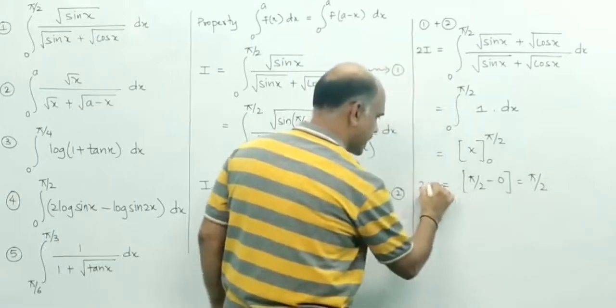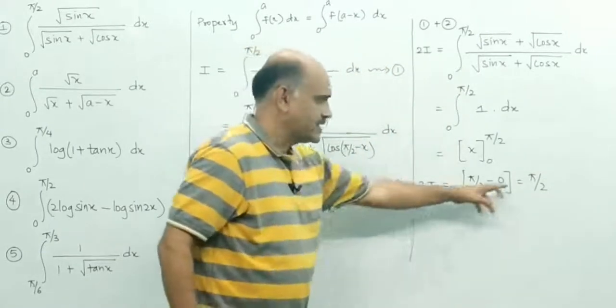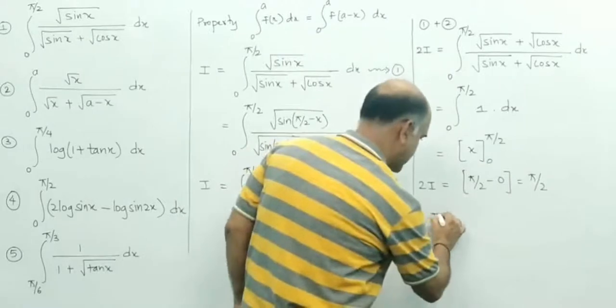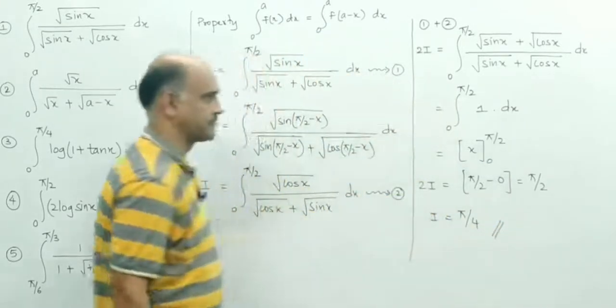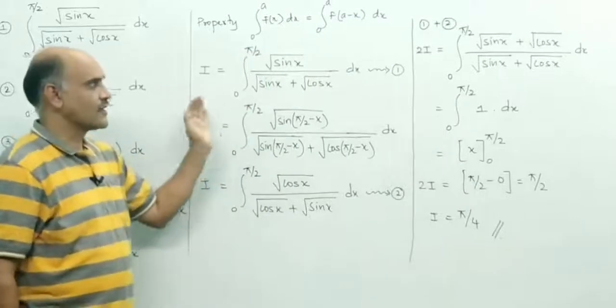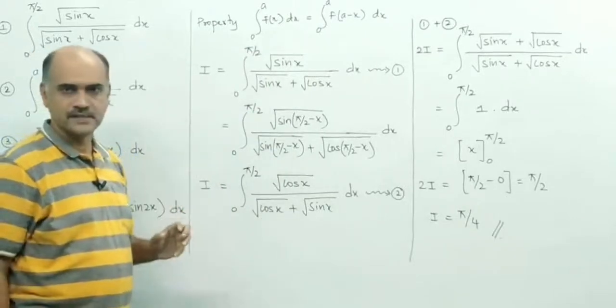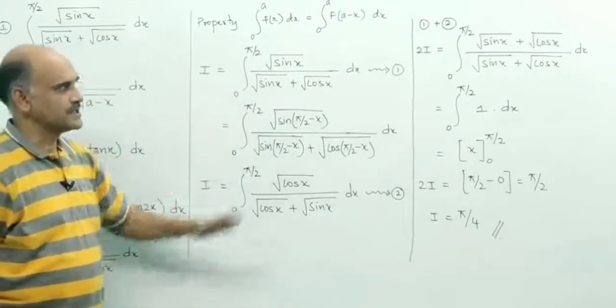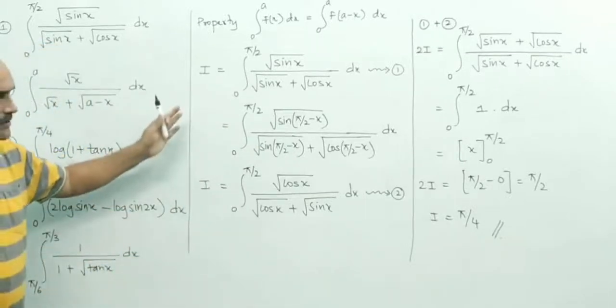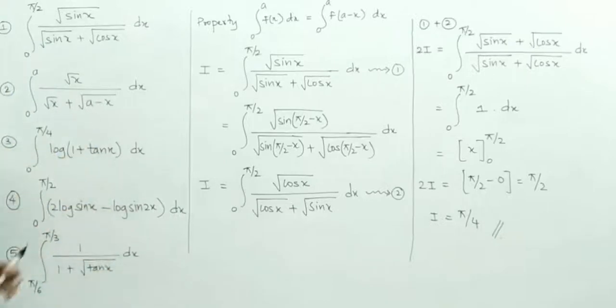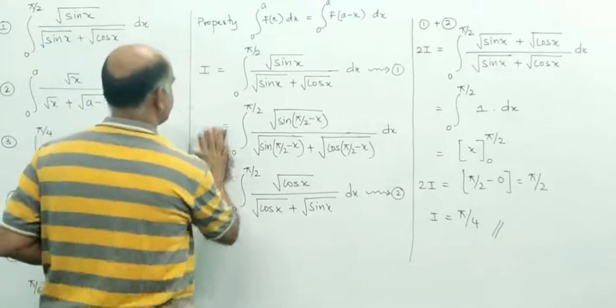This is 2I. Now you divide by 2, so you will get answer I is equal to pi by 4. So this is our answer. Clear, students? So along with property, problem is there. So 3 marks for property, 3 marks for problem he will be distributing. So you can pause and note down this, then we will go for the second one.